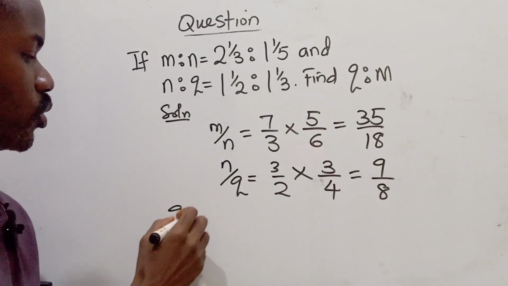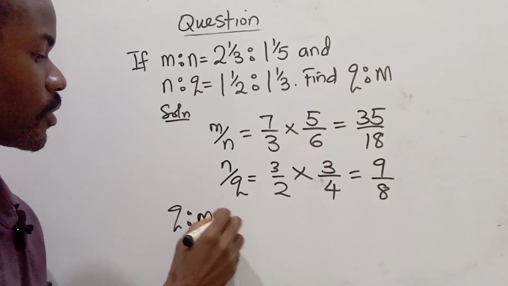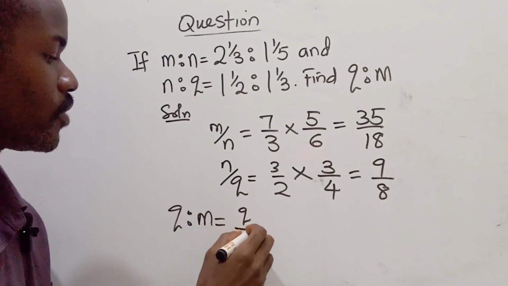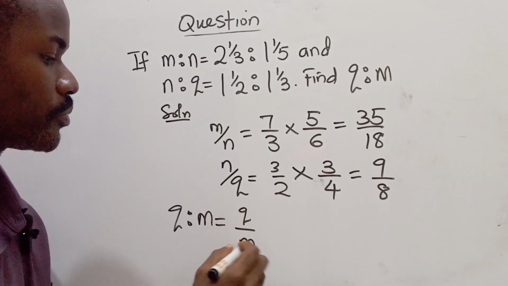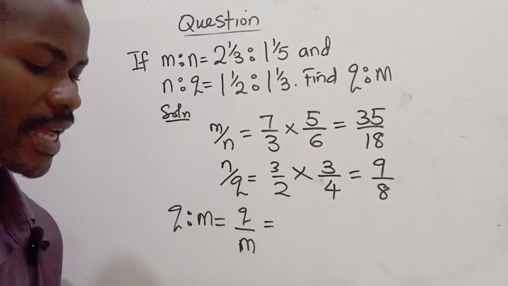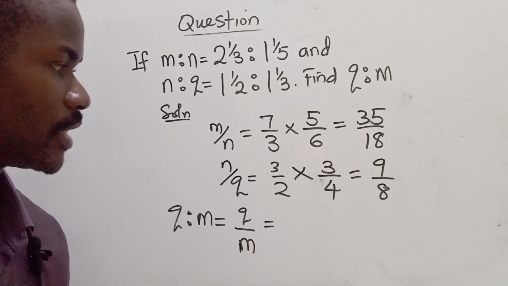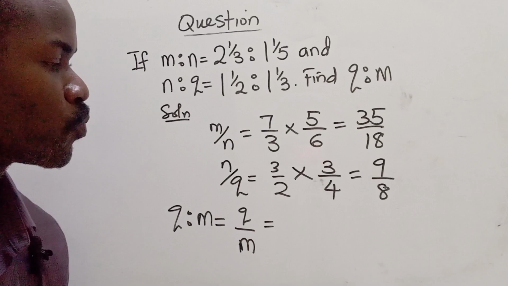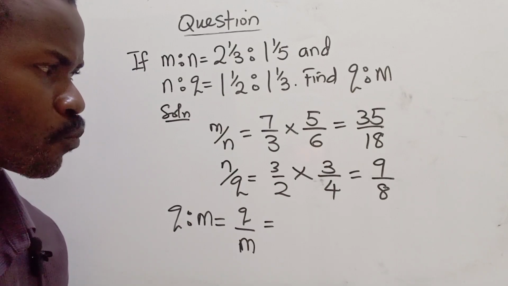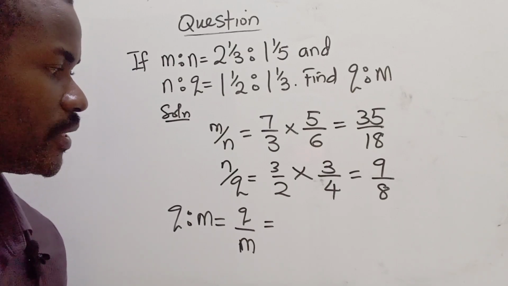So q ratio m also means q over m. So the question is, how do we find our q over m given this and this? Now, there are two ways we can do this.